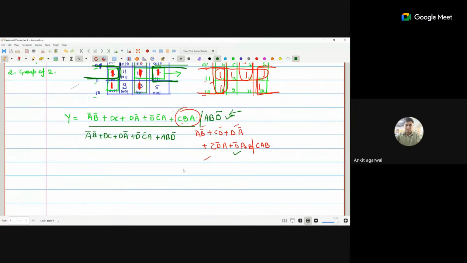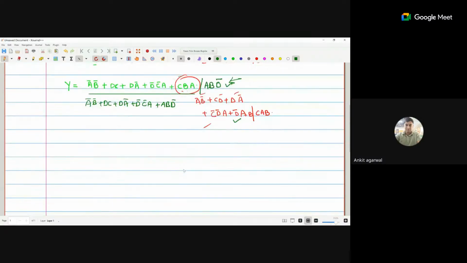we have to convert it into the standard canonical form. So for the first term, A bar, B bar, C, and D is missing, so I multiply with C plus C bar and D plus D bar. In this term, D C D is available, so I multiply with A plus A bar, B plus B bar.